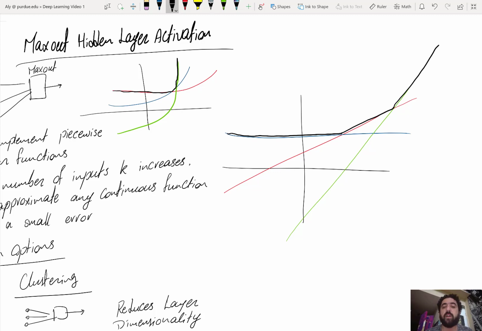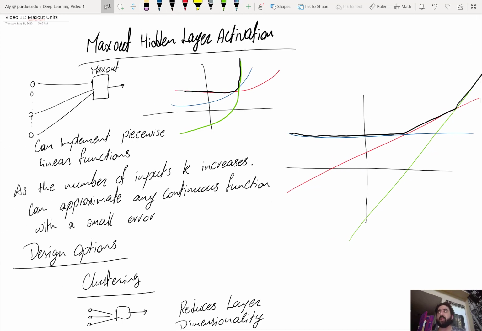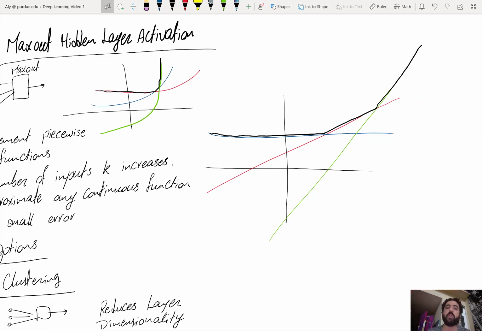It looks like a piecewise linear function, meaning from here to here it's a linear function, from here to here it's a linear function, and from here to here it's a linear function. So it does implement piecewise linear functions. As the number of inputs increases, it can approximate any continuous function with a small error. If we make these pieces very small, then through the Maxout we can approximate any continuous function.